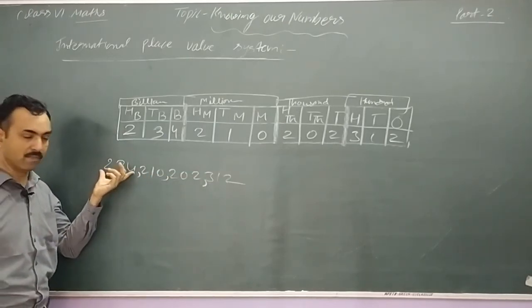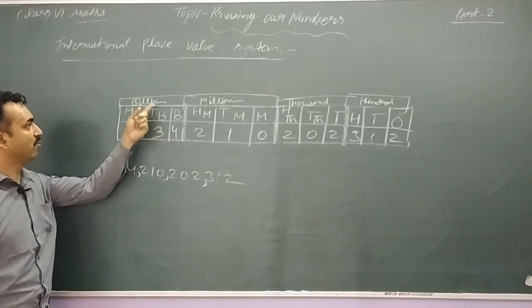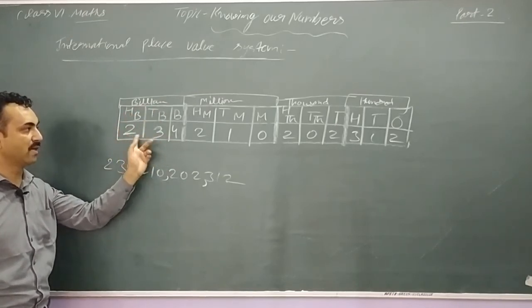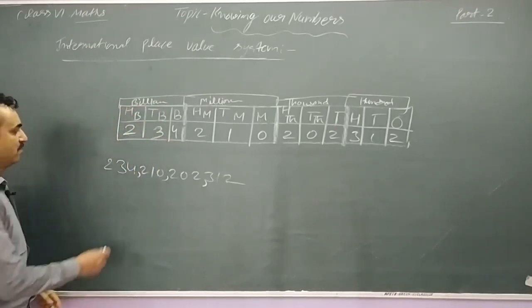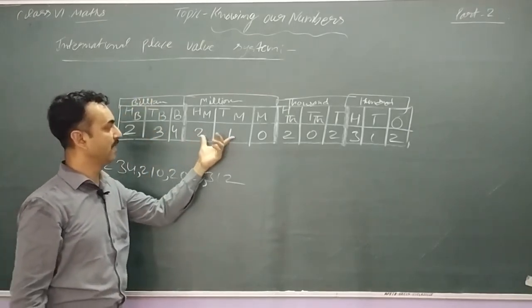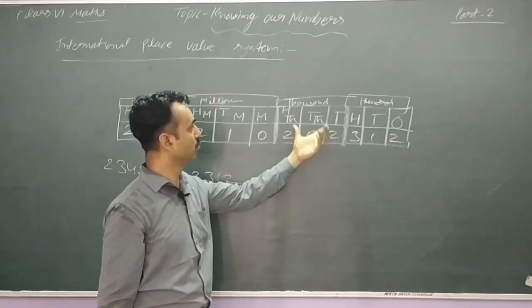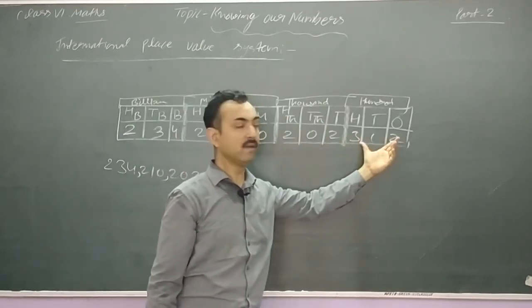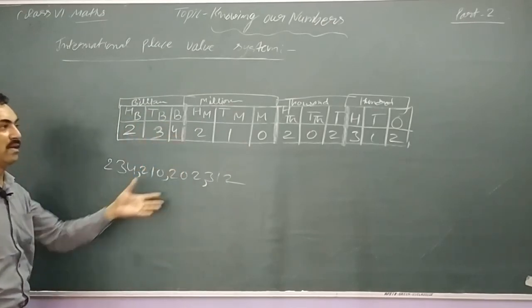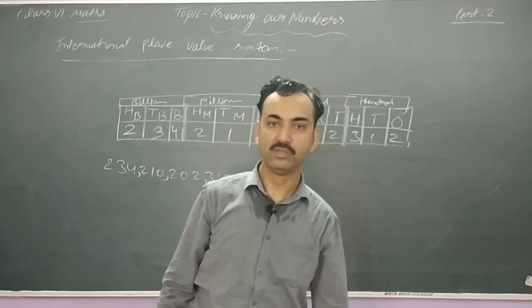Combined, you will read 234 billion. Don't say 100,000, nothing. 234, you have already used the 100. 234 billion, 210 million, and after this 202,000 and this is 312, only 312. Don't say 100 at the end, 312. So in this manner you can read or write the number in the international place value system.